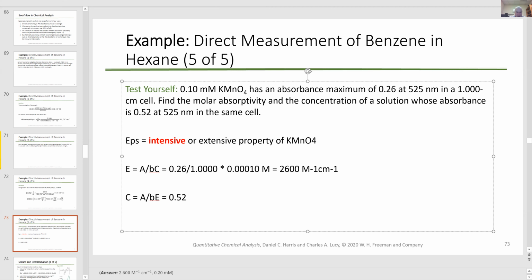So what is the concentration of this new guy going to be? 0.20 millimolar.